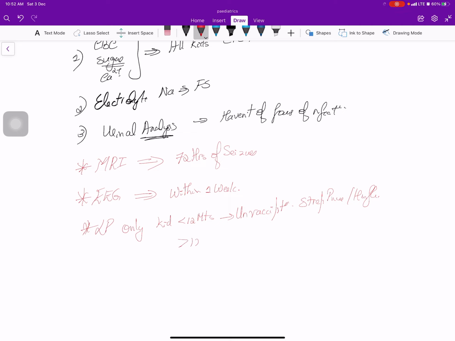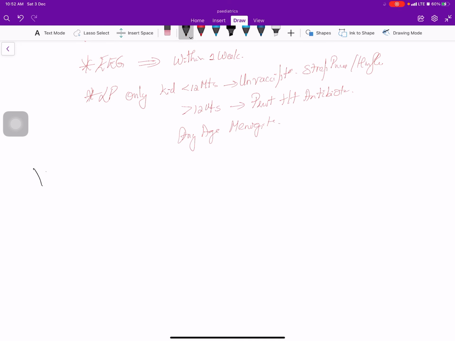If the kid is greater than 12 months and has been treated previously with antibiotics, and in any age where you are going to suspect meningitis. So this is the takeaway for the investigations. And the last, and I'm saying a lot of things here, but definitely treatment is the most important takeaway.